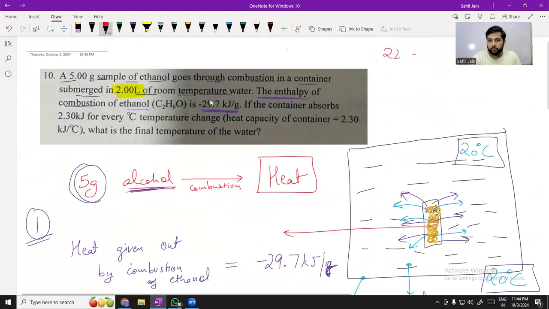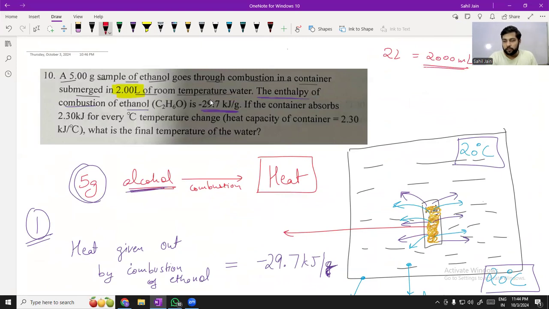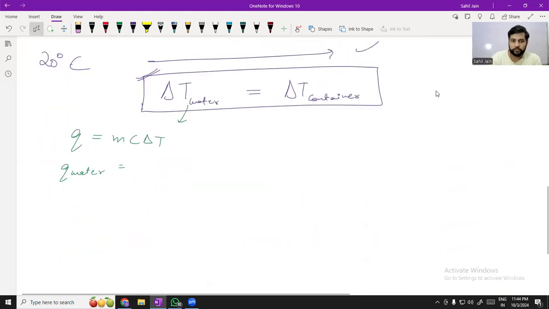Now, 2 liters of water would be equal to 2000 ml of water, and I must tell you that 2000 ml of water just weighs 2000 grams. Like 1 ml equals 1 gram. That is from the density of water. You can just remember it like that. 2000 ml of water equals 2000 grams of water.